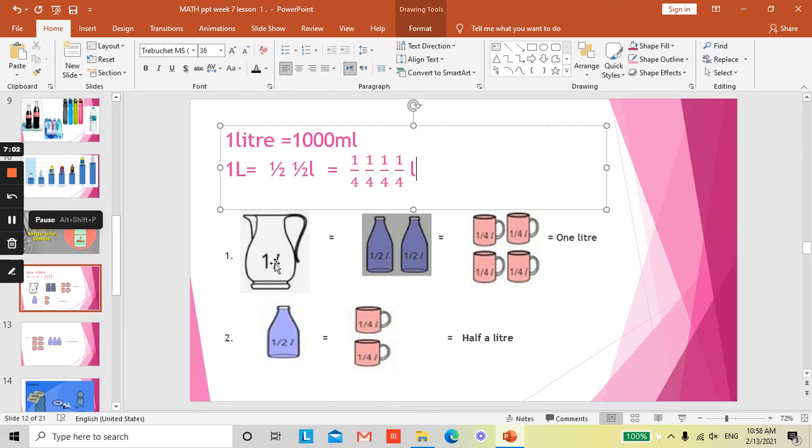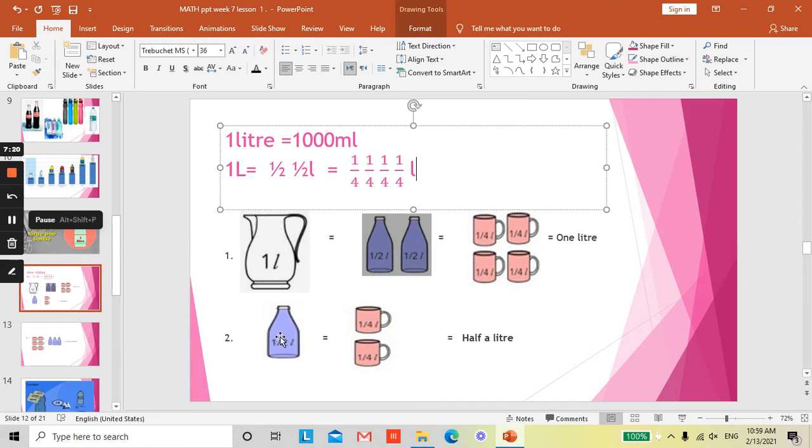Here we have 1 jug which is 1 liter. If you have 2 halves, it's equal to 1 liter. Or if you have 4 quarters, it's also the same as 1 liter.